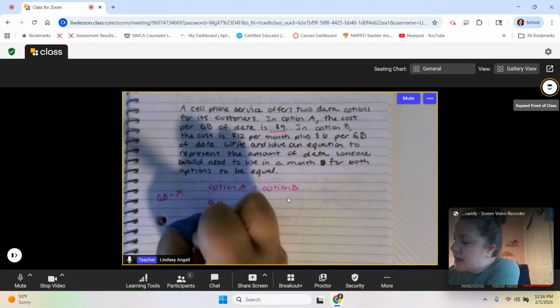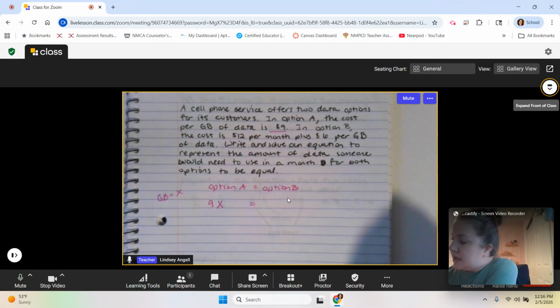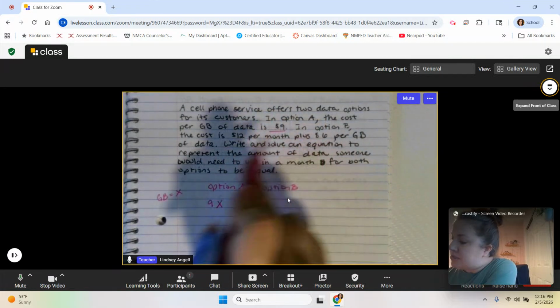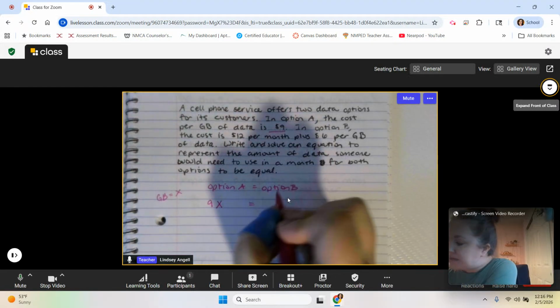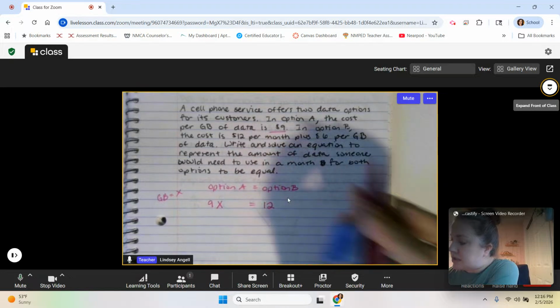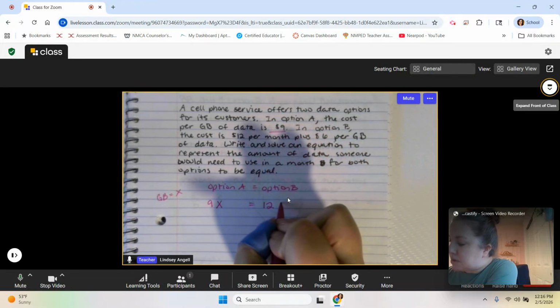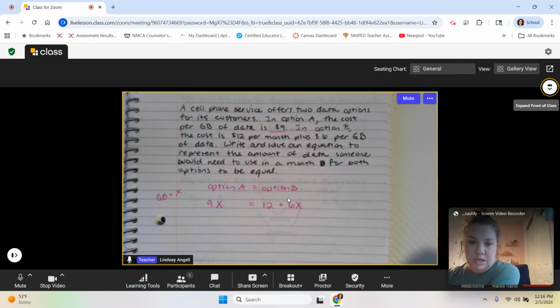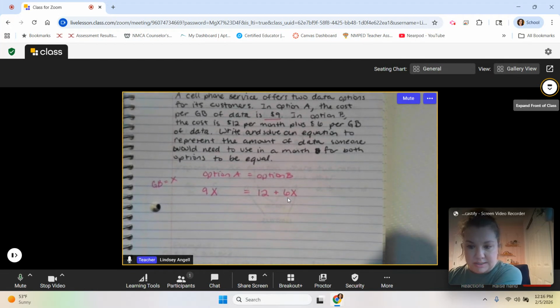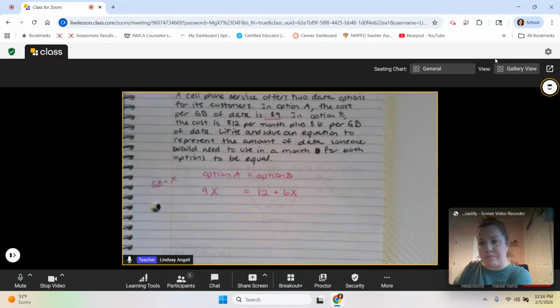So we can say 9x for A is equal to, and then option B says it's $12 a month. So automatically, before you use anything, you have to spend $12 and then plus $6 per gigabyte. So 6 times x. And now we can solve for x to represent the number of gigabytes, right? That's what we're looking for.